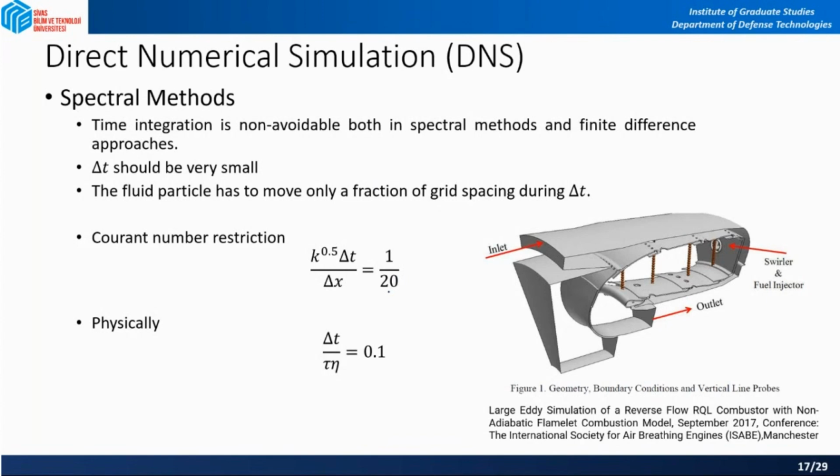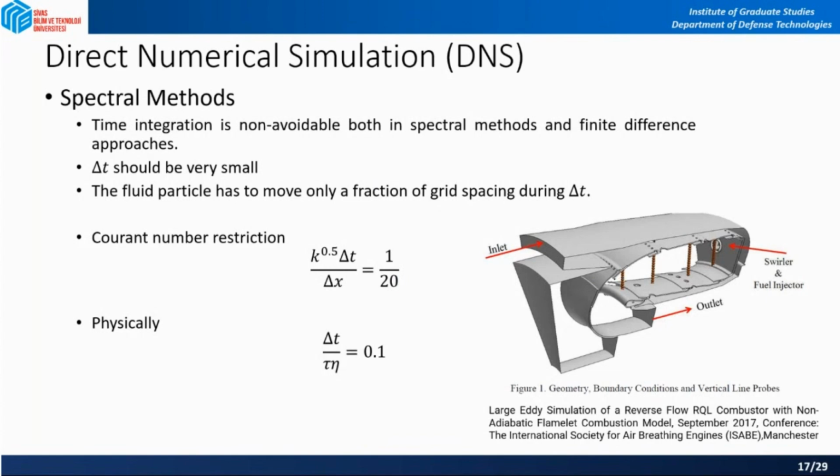For example, from the results of not DNS, the results of large eddy simulation, LES, of combustors in some studies, we have these results. The combustor is a realistic flow field with much more complicated geometry. There is an inlet, an outlet, and these things.